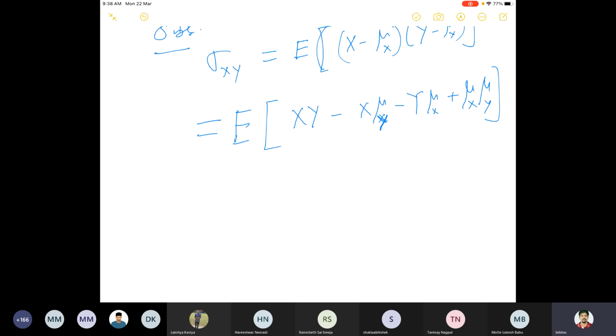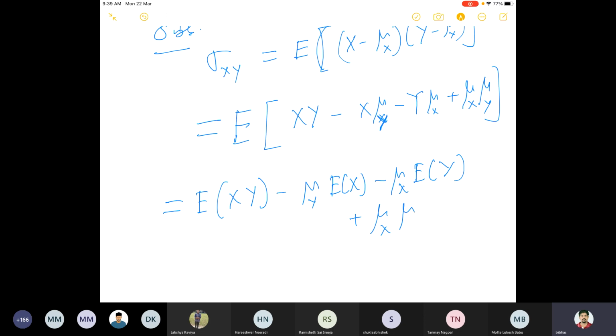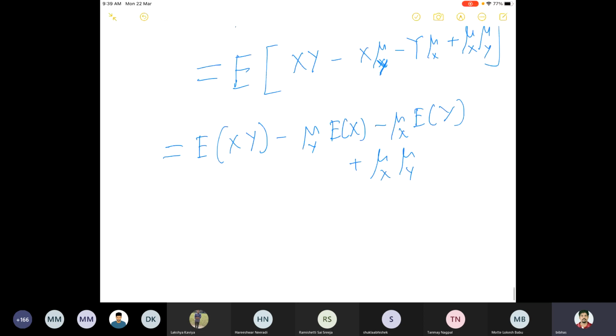So this will be equal to expectation of the product xy minus mu y times expectation of x minus mu x expectation of y, and then plus mu x times mu y times expectation of the random variable 1, which is the same thing, 1. We proved this earlier.